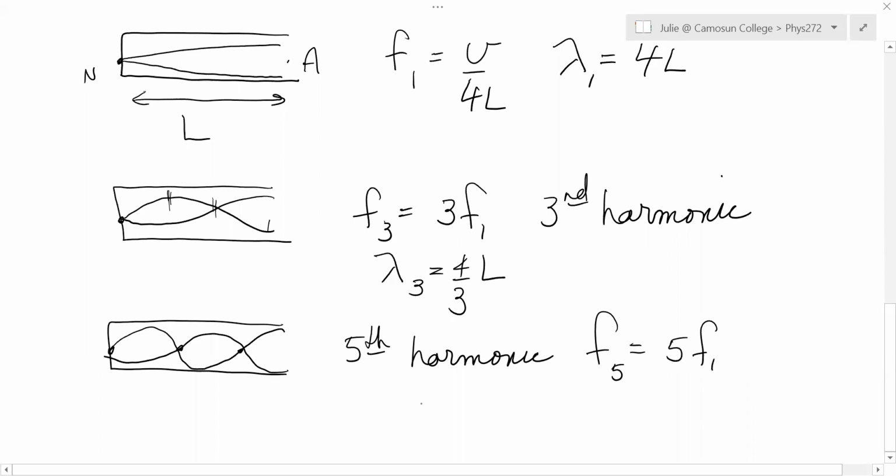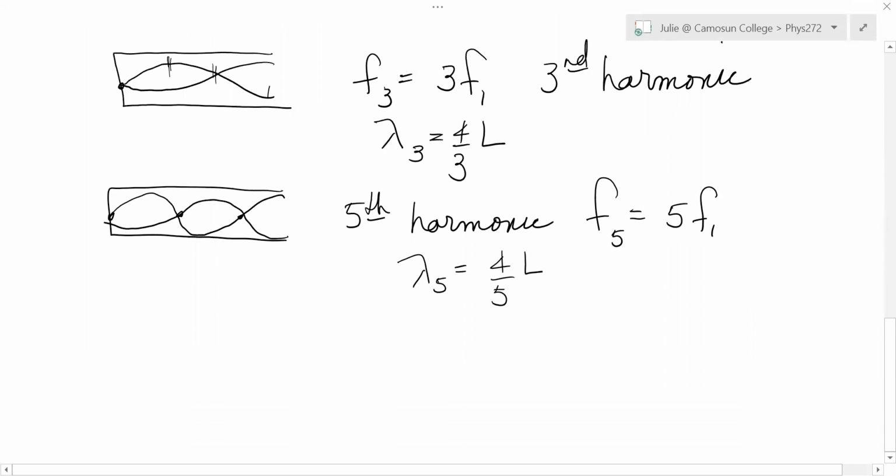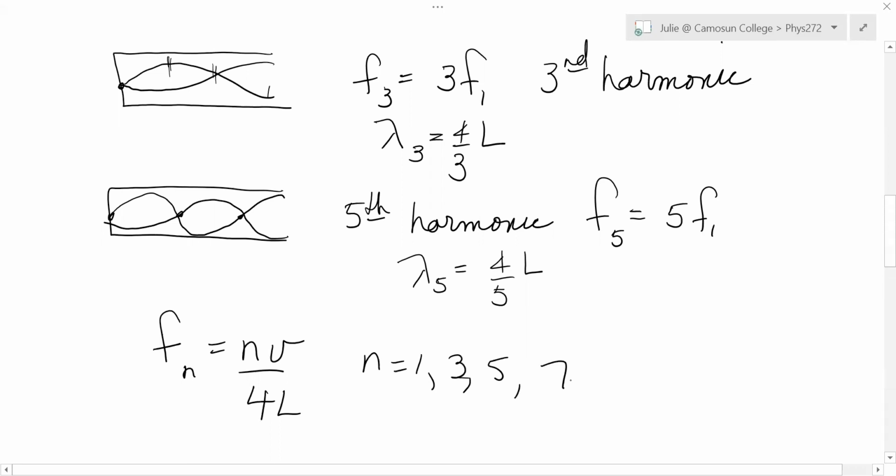But the wavelength here, lambda 5, is now 4/5 of L, because there's 5/4 of a wave inside L. And so the formula here is fn equals nv over 4L, and n is only odd: 1, 3, 5, 7. Okay, so those are the formulae that you need for working out the harmonics in open-closed pipes and open-open pipes.